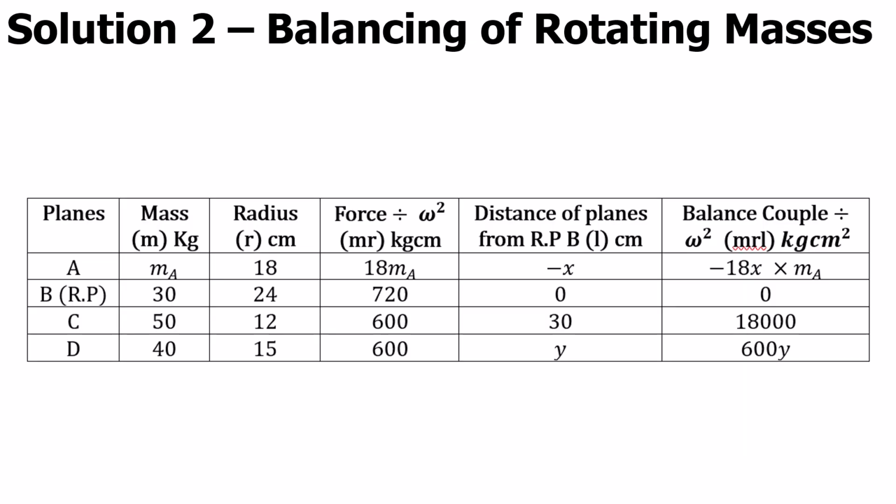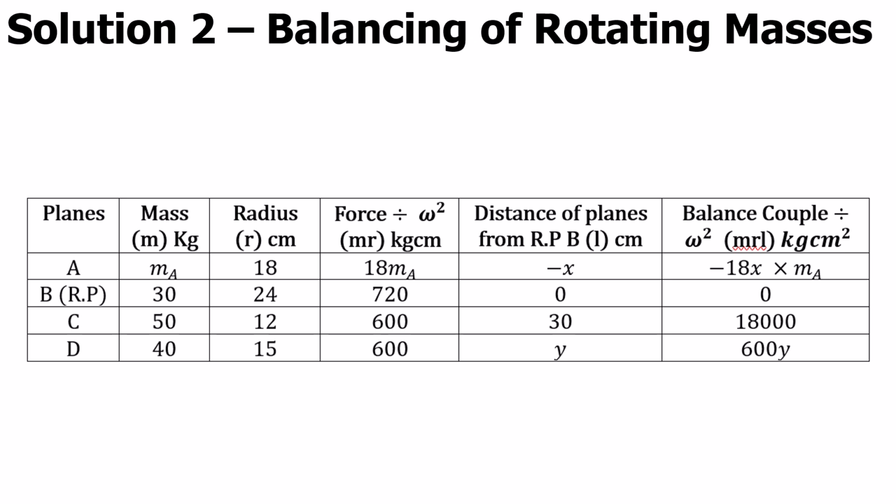This table presents a structured approach to solving the dynamic balancing problem by breaking down the contributions of each rotating mass. Let's analyze each column to understand how we achieve balance. So column 1 has the planes, column 2 has the masses. So the shaft has 4 planes, A, B, which is our reference plane, C and D, and each carries a mass with specific value.